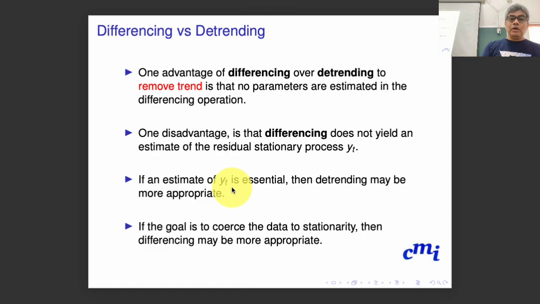Then we discussed that either you can take the route of the differencing technique, or you can fit a trend line, fit a seasonality, detrend your series, and then after detrending you take the residual, and on the residual you do a forecasting model.